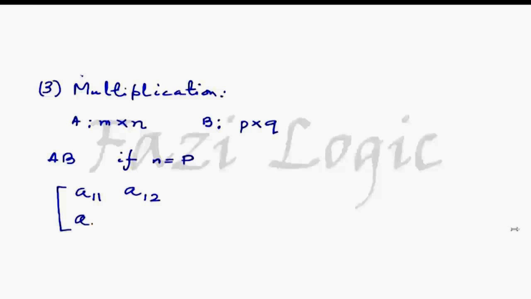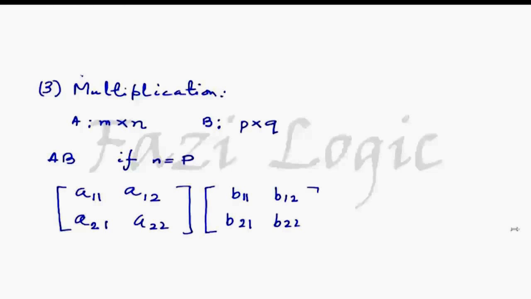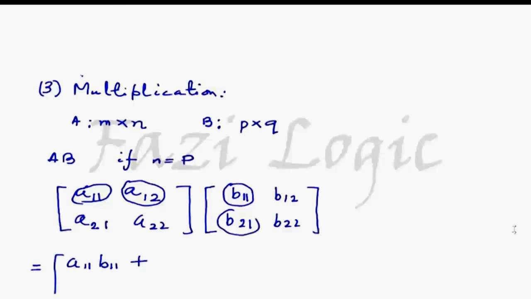Take a 2 cross 2 matrix multiplied by another 2 cross 2 matrix. When we multiply, first A11 with B11, then add with it the product of A12 and B21.